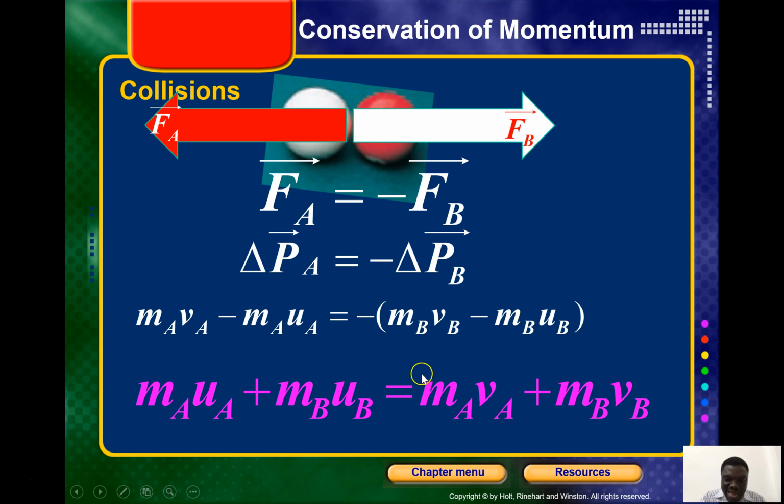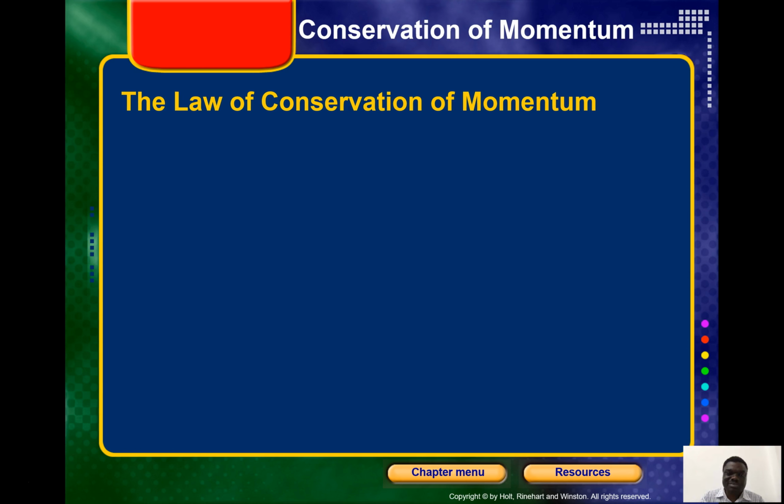And the mass of A times the final velocity of A plus the mass of B times the final velocity of B is the total momentum after the interaction, correct? So this equation tells us that total initial momentum equals total final momentum. That is just the law of conservation of momentum.